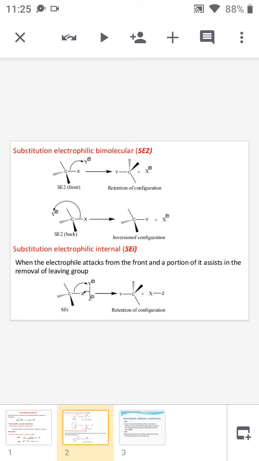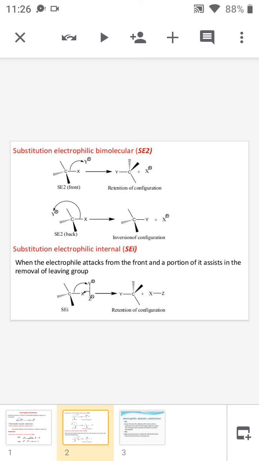Since the attack is in the same direction as the leaving group, here also retention of the configuration will occur. So in conclusion, we have four different types of SE reaction. First one, SE1. Second is SE2 front, in which the leaving group and electrophile attack in the same direction, so retention of configuration.